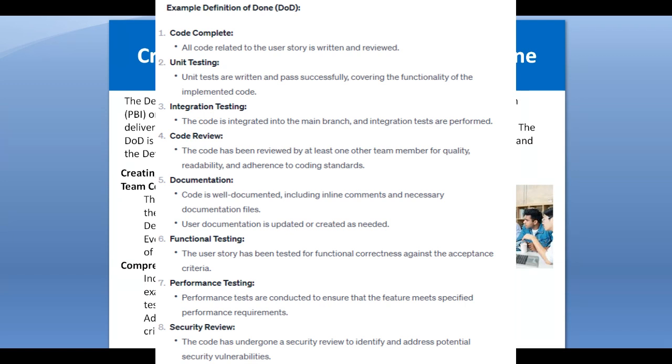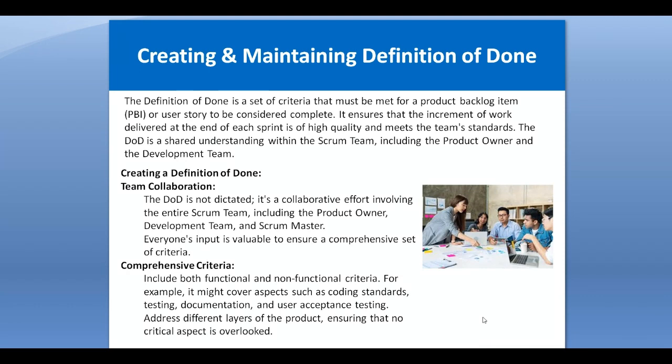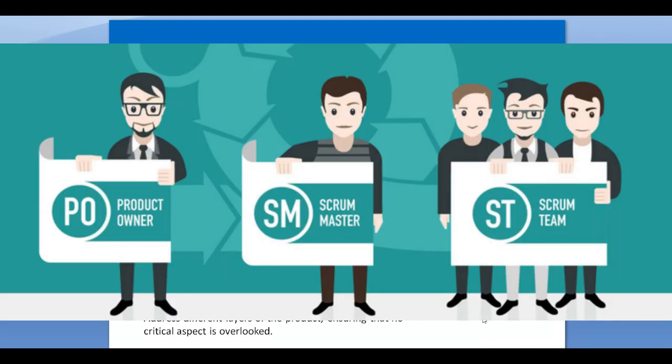Done means completed. So now we will discuss creating and maintaining the definition of done. First is creating a definition of done. Here, friends, team collaboration means that definition of done is not a dictated approach. There is no scenario where one person says that this is the definition of done.